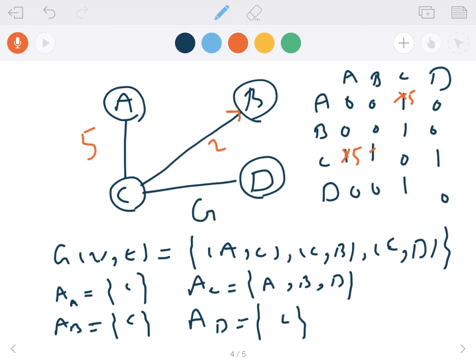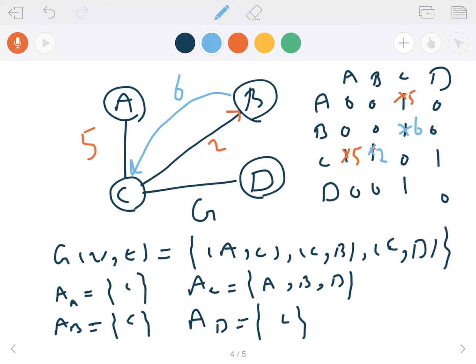Let's draw with another color. I'm going to say 2. And let's say there's also an edge from B to C with another cost, let's say 6. So here from B to C, I'm going to update this one with the cost 6. Based on our graph, if it's undirected, we put 1 to show that there is an edge between two vertices.